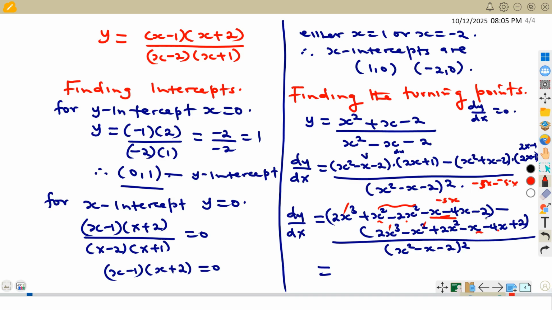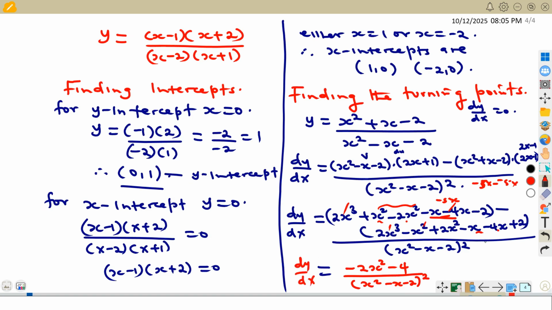Then this and this is also minus 5x, so they will also cancel out. So basically we shall remain with minus 2x squared, and minus 2 minus 2 gives us minus 4, over x squared minus x minus 2, the whole squared. So this is our dy/dx.